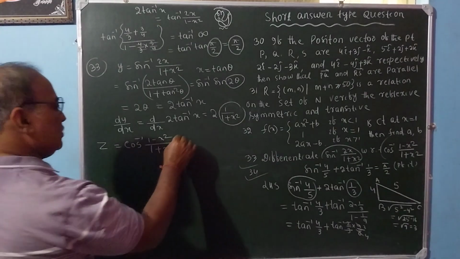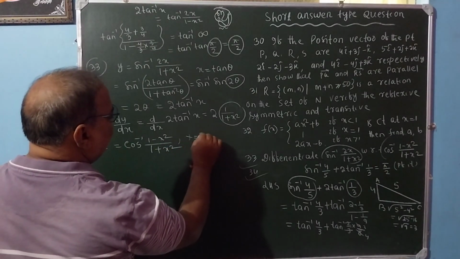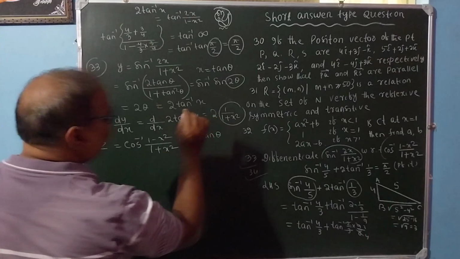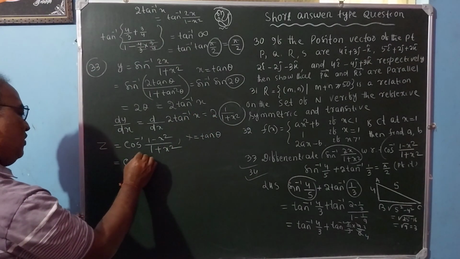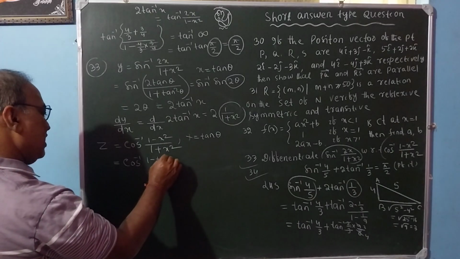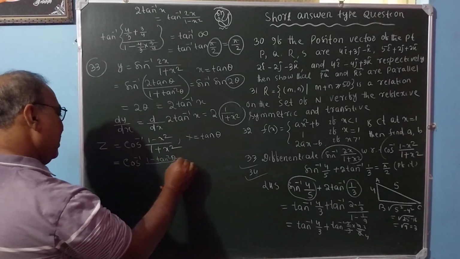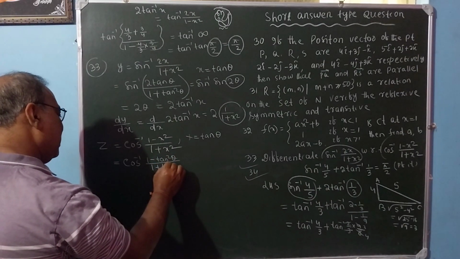So let x is equal to tan theta. So cos inverse 1 minus tan square theta divided by 1 plus tan square theta.